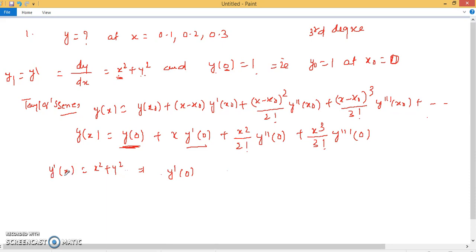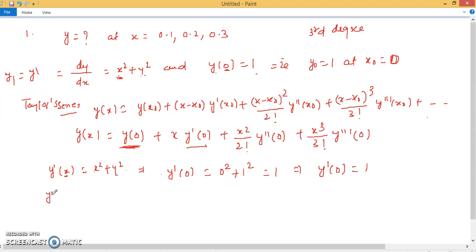When you are substituting, x is equal to 0, and the y value is the preceding differentiation value, which means I am finding y dash of 0, the first differentiation value. So I will write x value is 0, 0 square plus y of 0 whole square. y of 0 is 1, 1 square is 1. So I will get y dash of 0 is 1.